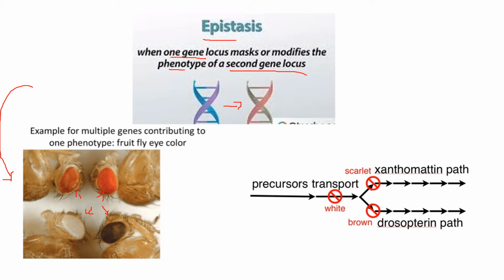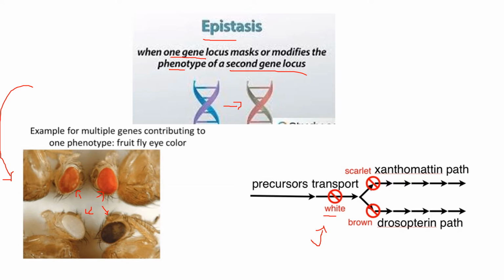Okay, and what is the key thing that I want you to remember? So quickly, the main idea is that, if you remember the Beadle experiment, when he started using screens, here when you have a white eye, you are affecting the pathway at the beginning.